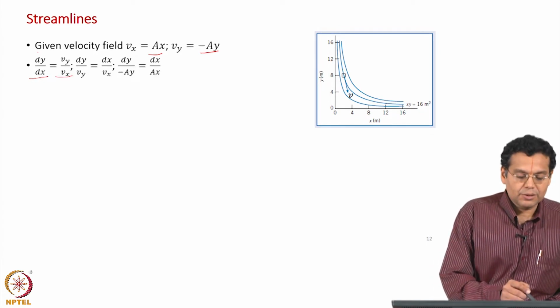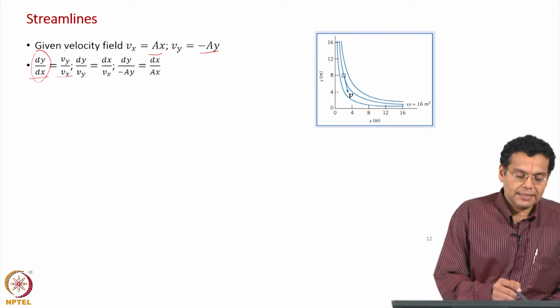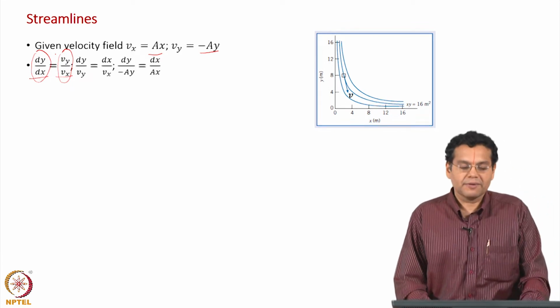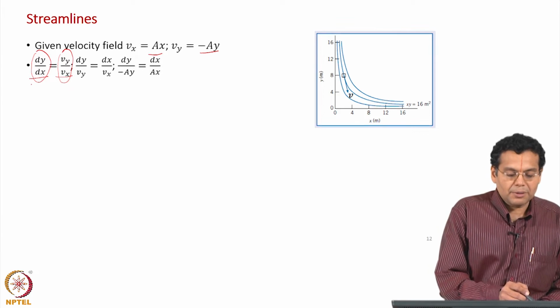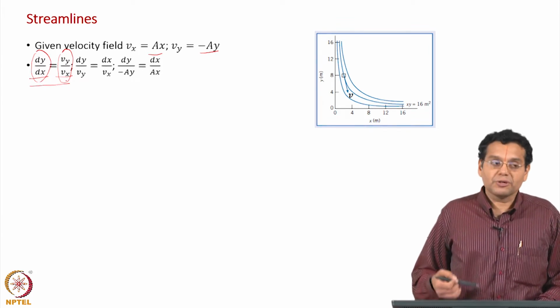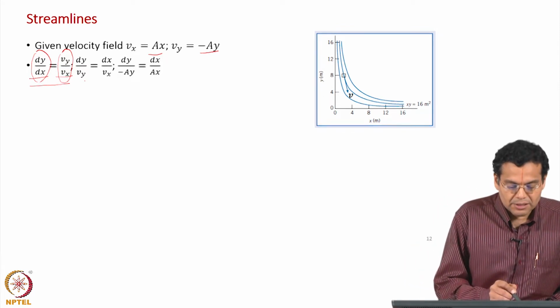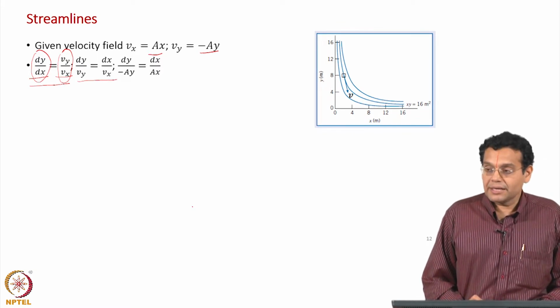This is the slope of the streamline, the tangent of the angle made by the velocity vector with the x axis. This condition came up because a streamline is a line for which the tangent represents the velocity. Now, just do a simple rearrangement so that you can integrate.